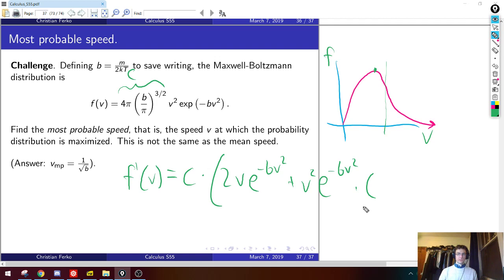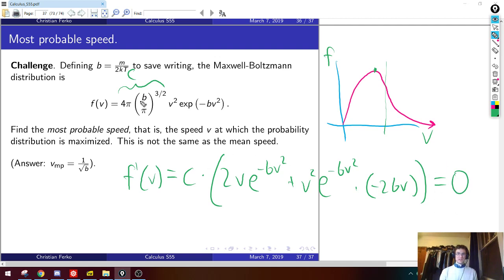Or are we handling that? Well, you should multiply by the derivative of the inside, right? Just chain rule it. Times negative 2bv. Good. 2bv or not, oh god. Puns. Okay. So we set that to 0.